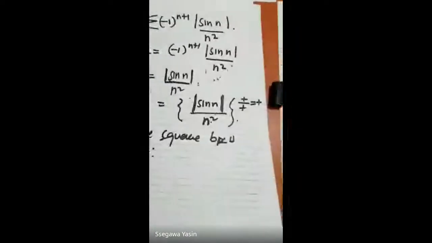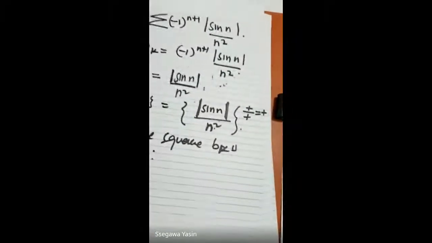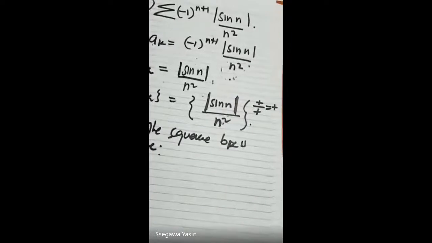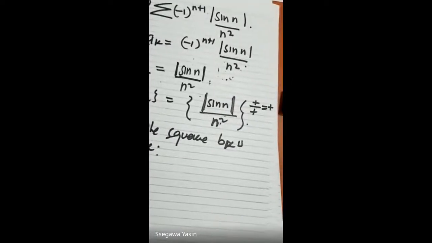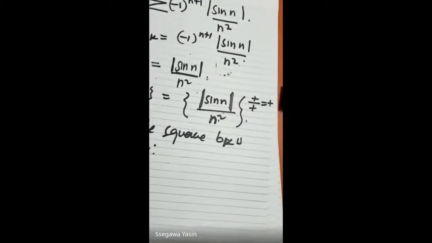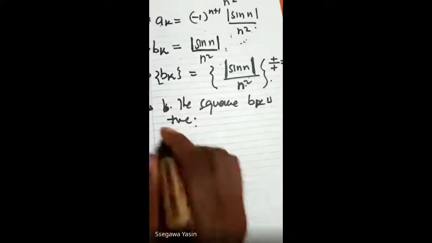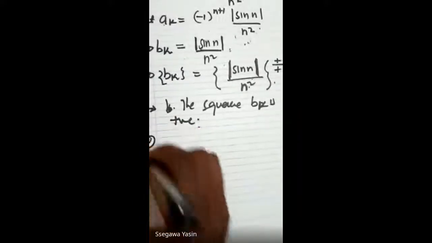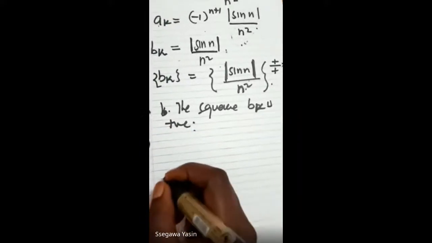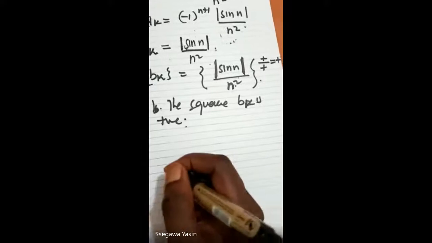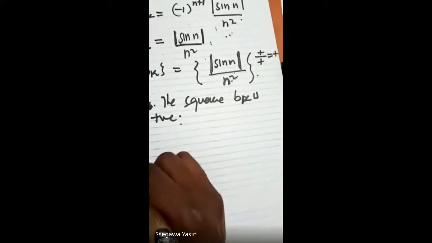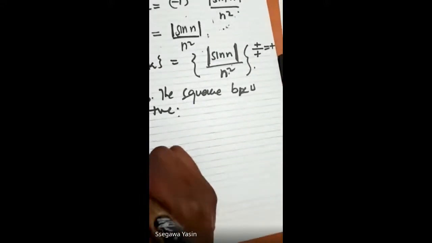So being positive, we have solved it. Now we are going to see another characteristic. The first one has passed. The second one, we are supposed to check whether it is decreasing or increasing.